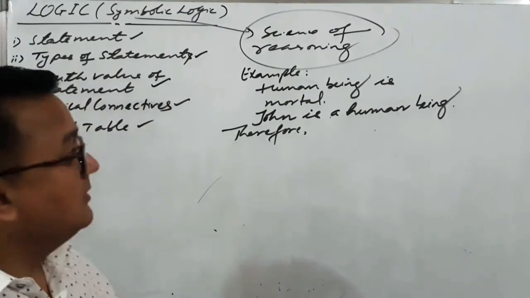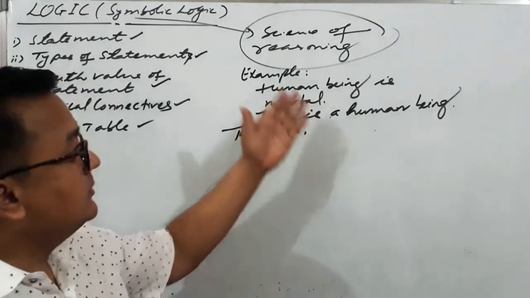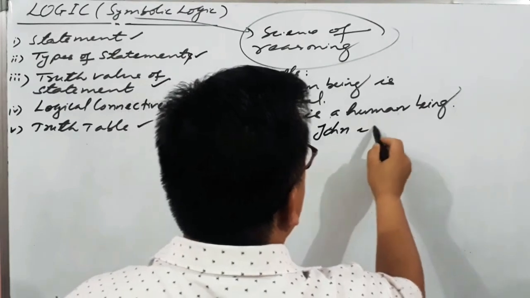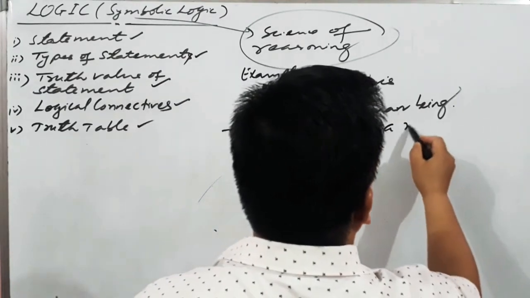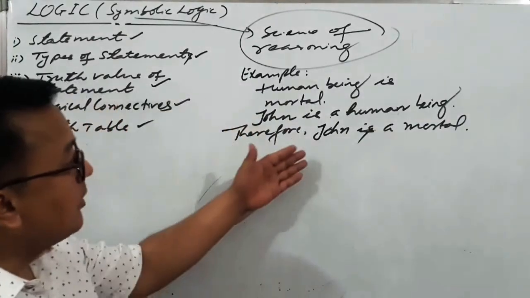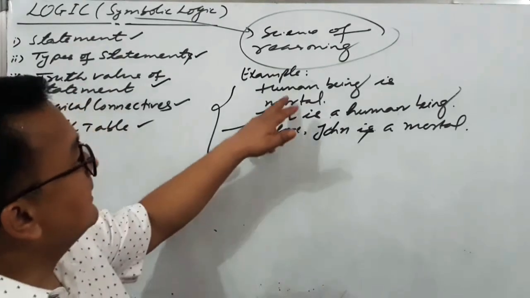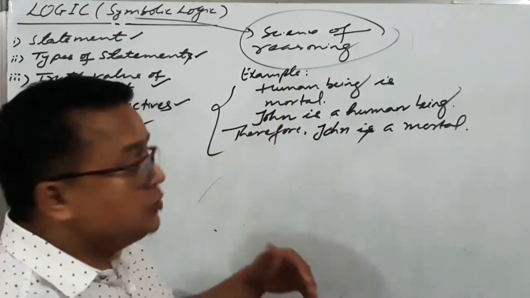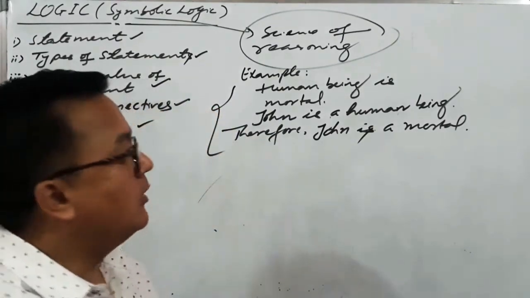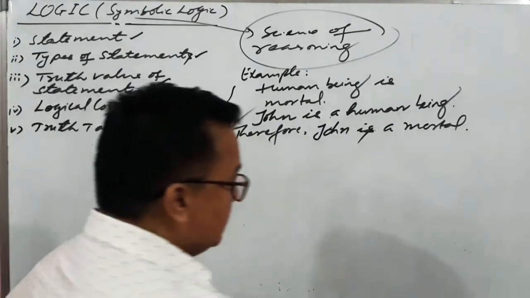There's the logic. Human being is mortal. John is a human being. So, human beings are mortal, therefore we can say John is mortal. Okay? This is the example of logic, science of reasoning. I guess you got the meaning of logic.